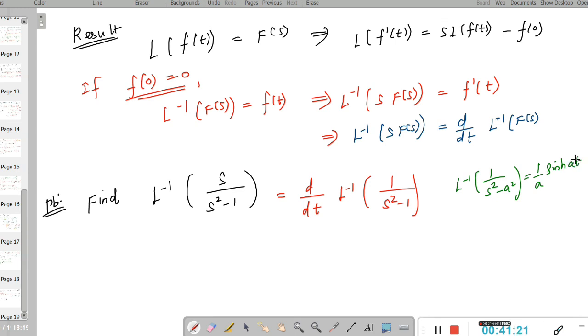This is a hyperbolic function. If you use this formula, you may get d by dt of, here a is 1, sin h t. If you differentiate, you will get cos h t.